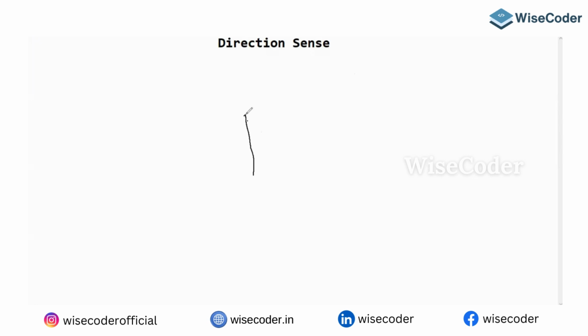The moment you reach here, you have to realize this direction is going to be right and this direction is going to be left, because he is traveling in this direction. So you should be aware of what left and right are. That is one of the important points.